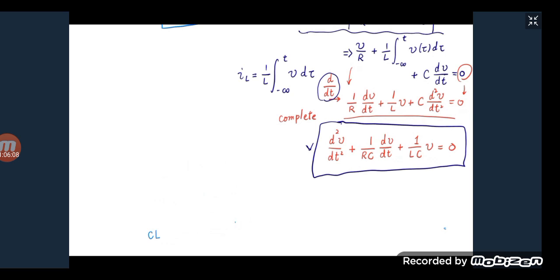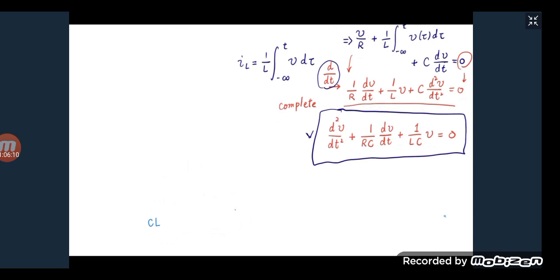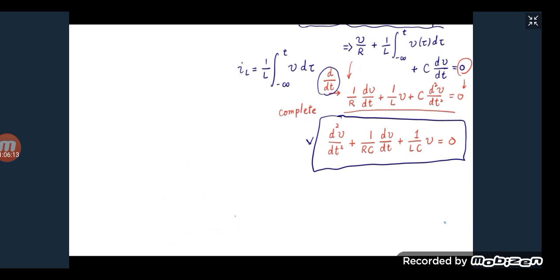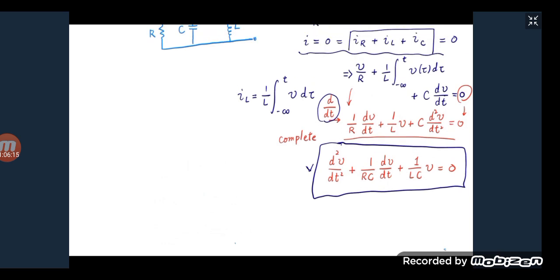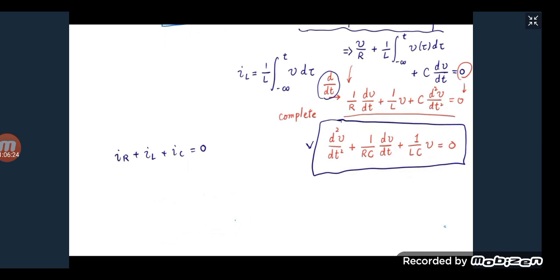So here I would like to use another approach. Of course, we still say that IR plus IL plus IC is 0, and here we say that V over R plus the integral term plus C dV/dt is equal to 0.